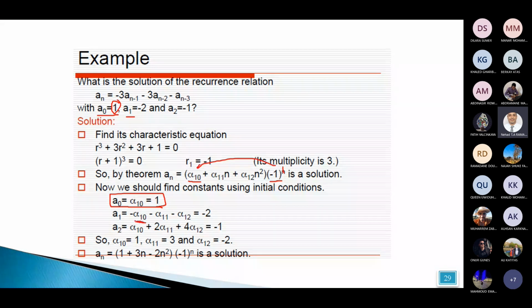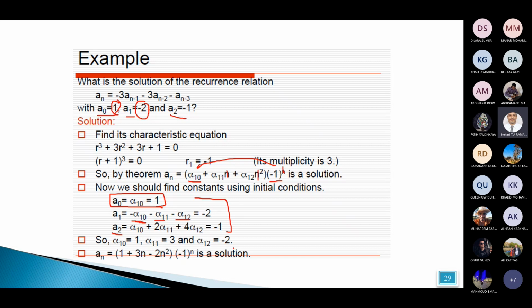So minus α_{1,0} here multiplied by 1 multiplied by 1. So then we multiply -1 inside. So -1(α_{1,0} + α_{1,1} + α_{1,2}) equal -2 from here. Same for a_2. You will get this one, then solve together.